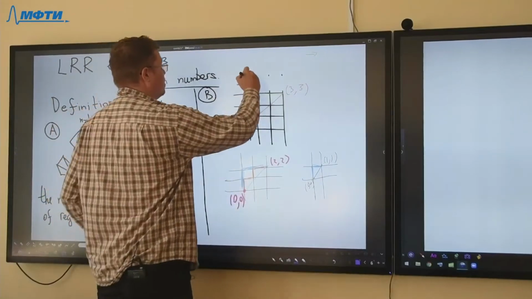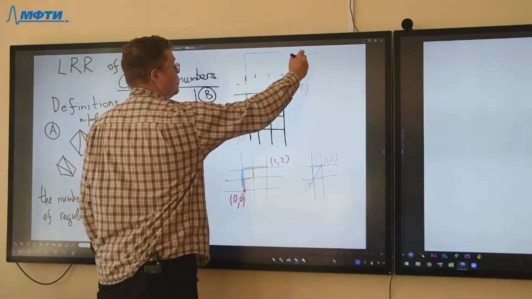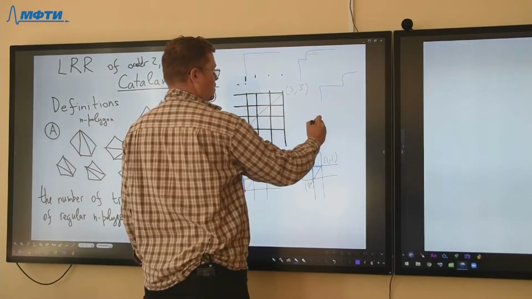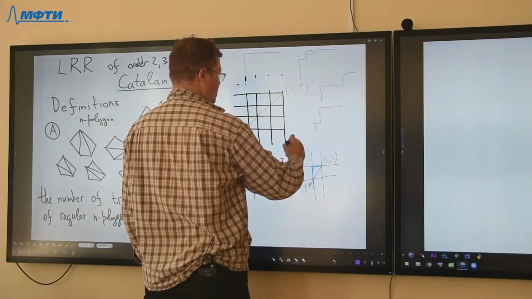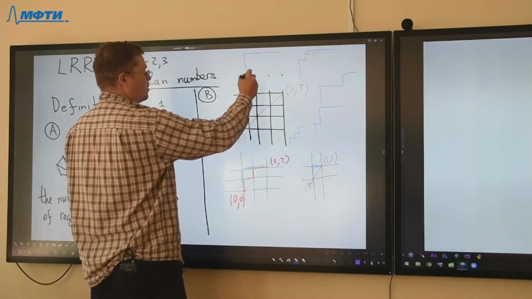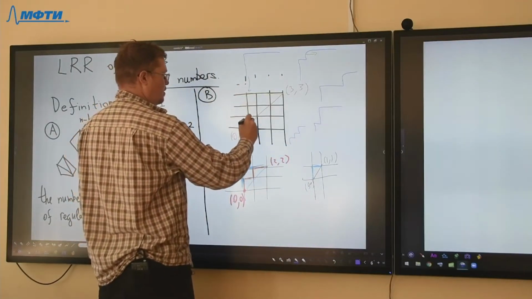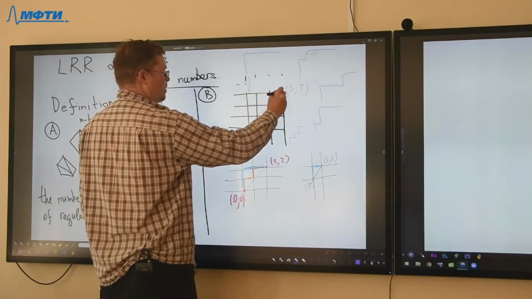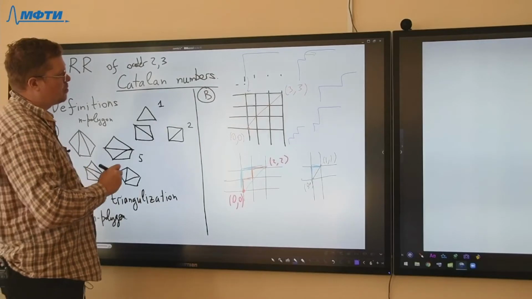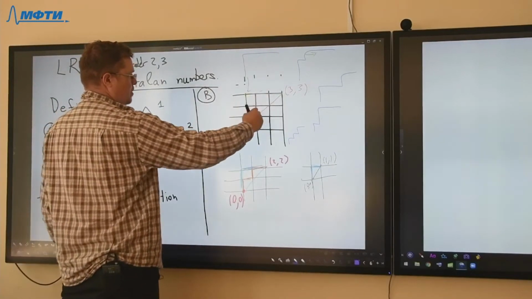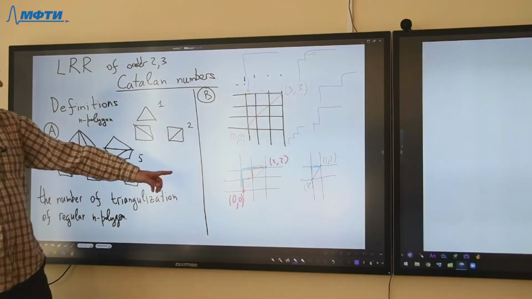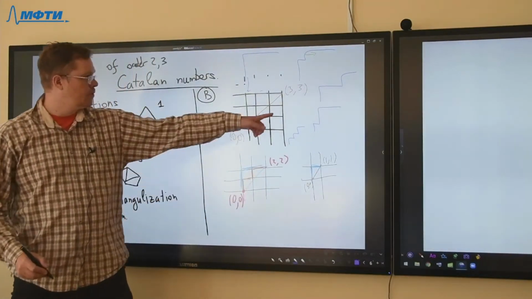So this is this one, this one, this one, this one, and this one. So you can go this way, and this one. So again, it starts from 1, 2, and 5.